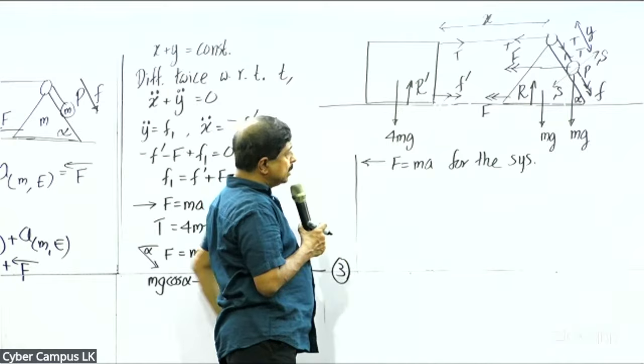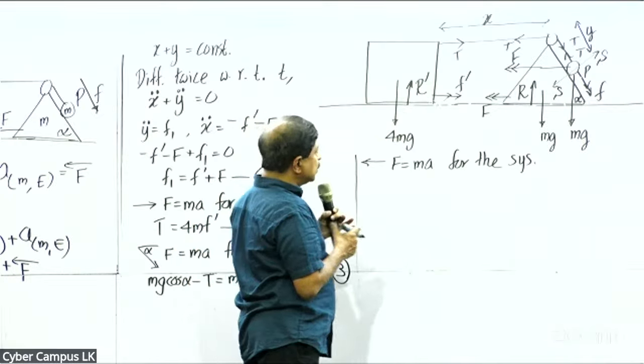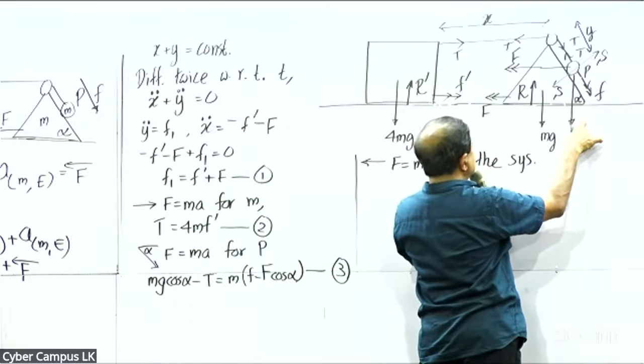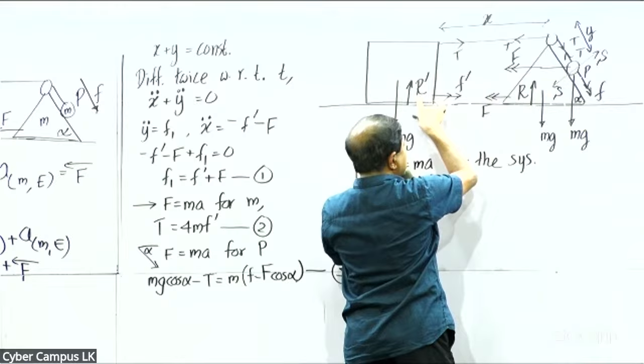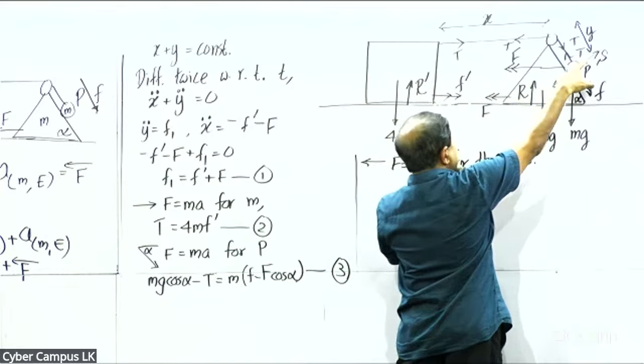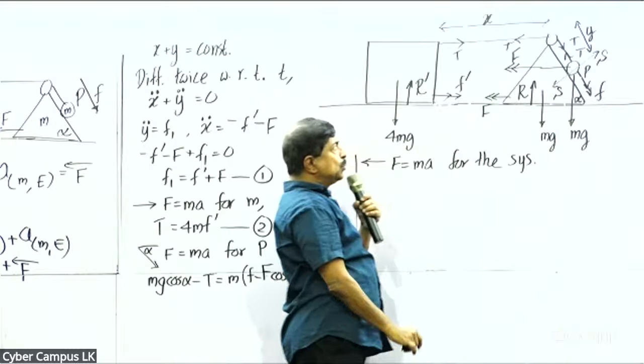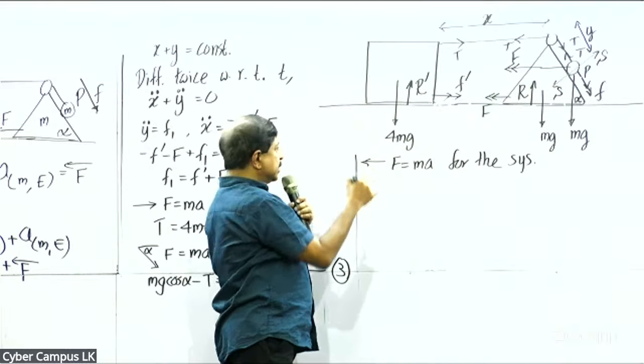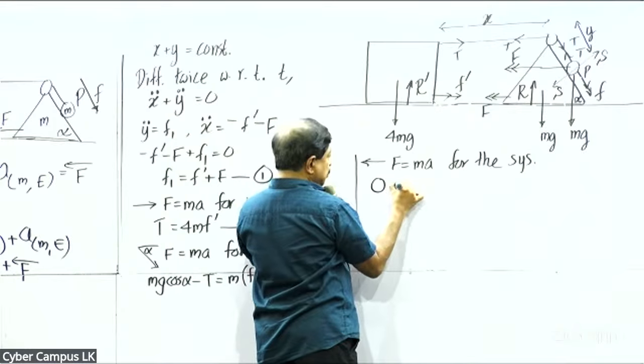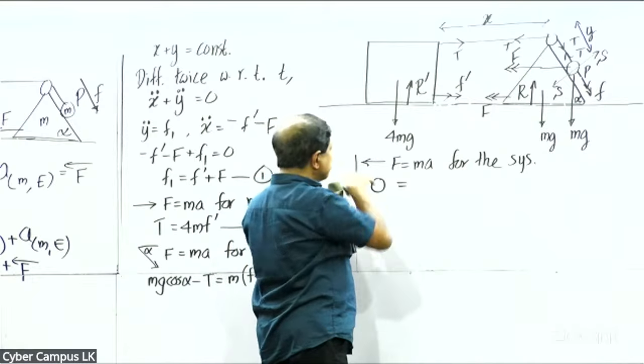You can straight away apply Newton's law. So what are the forces? These three masses go away. T goes away. R dash and R will go away. S will also go away because it's an internal reaction. So the net force is equal to 0.